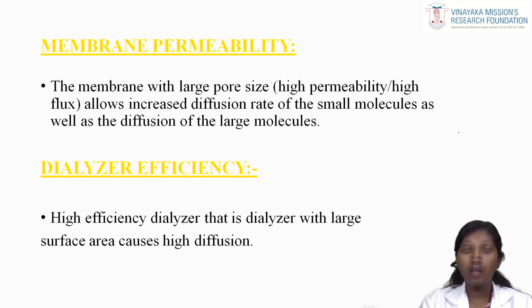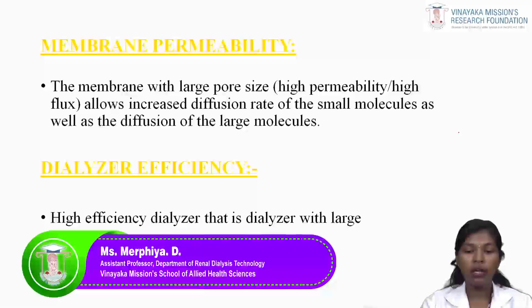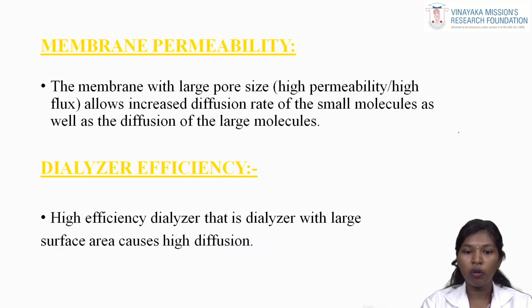Membrane permeability: when we are using a high permeability or high flux dialyzer, there will be better clearance compared with a low flux dialyzer, because with a high flux dialyzer, small molecules can move easily, medium size molecules can move easily, and at the same time large molecules can also move easily. So here membrane size plays an important role.